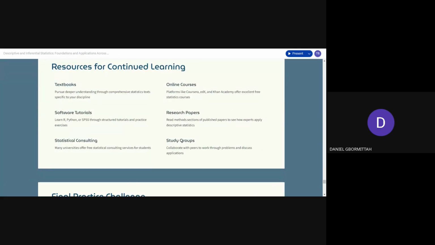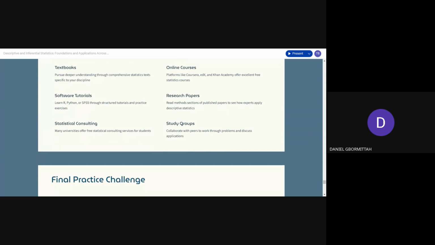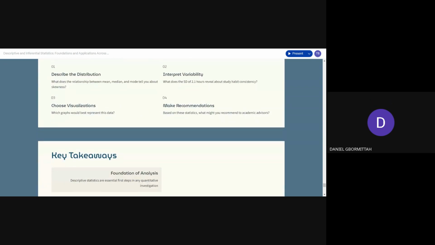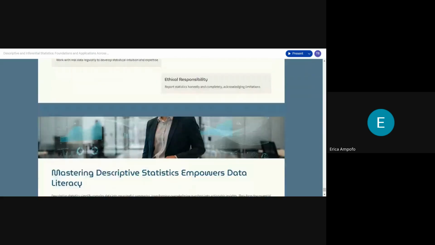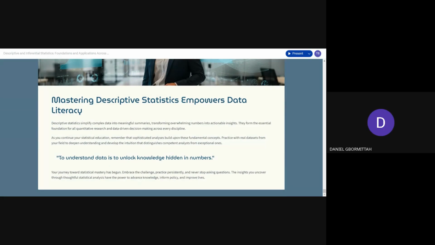Resources for continuing learning. Textbooks for these ones. Okay. So any questions so far on the descriptive and then the inferential statistics? We want to move to unit 4 where we look at permutation.